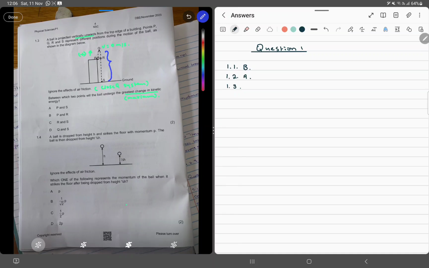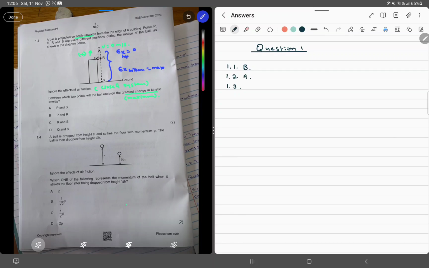Because in this segment we know that the velocity is 0, so kinetic energy is essentially 0. So Ek at the top is equal to 0. Ek top is 0. And then Ek bottom is equal to a maximum, meaning the difference is greater.